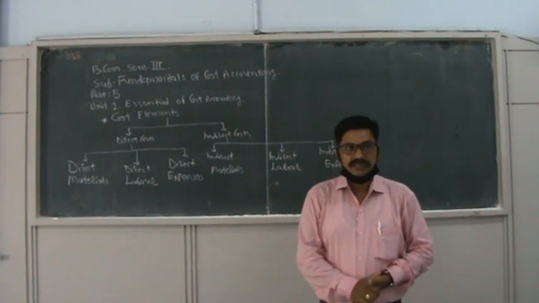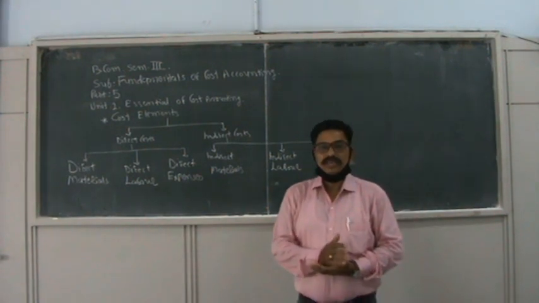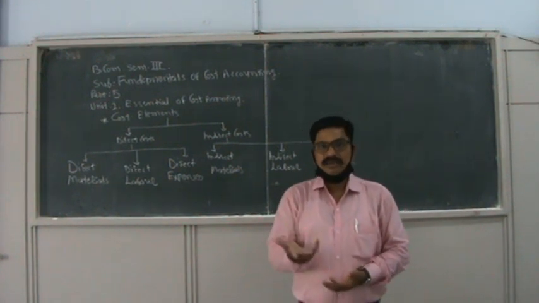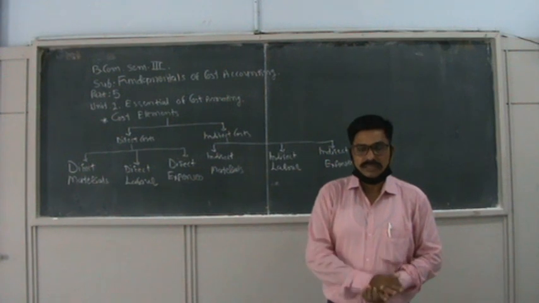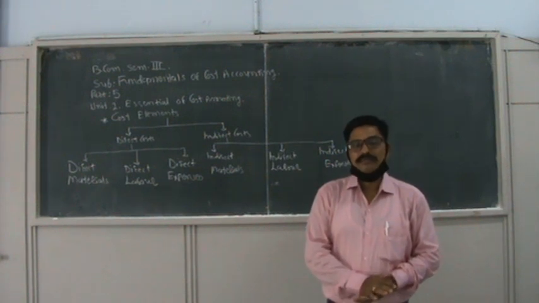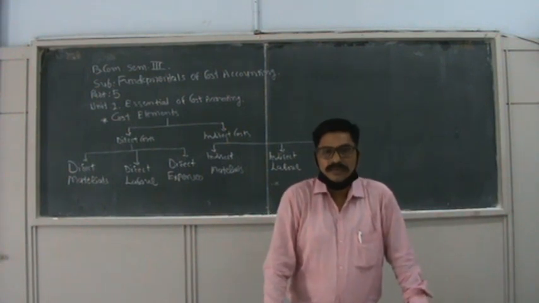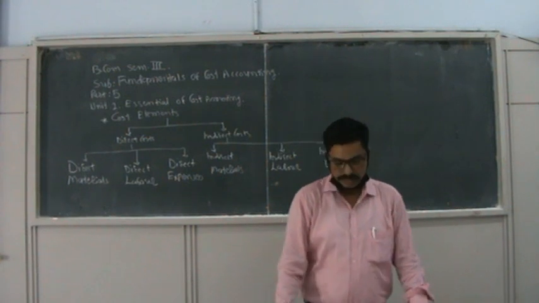Timber in furniture. You know, timber is the main source to produce furniture, right? Without timber, furniture production is not possible. So timber is the main source for production of furniture, hence it is direct material.